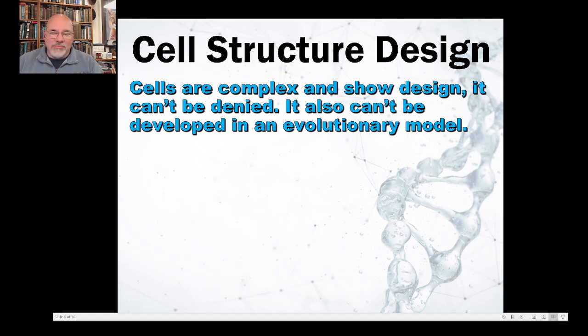They don't show randomness at all. It just can't be denied. It also can't be developed in an evolutionary model. I don't think people realize when they just say, "We'll just add more time," that somehow it's just going to happen like that.